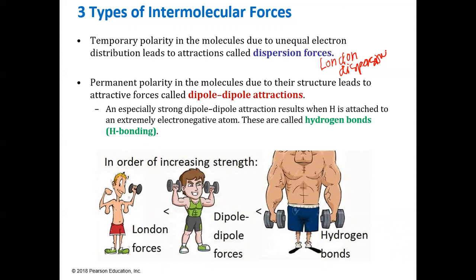Water has dispersion forces, dipole-dipole forces, and hydrogen bonding. Hydrogen bonding is the strongest, though, okay? So that's what makes water have such a high boiling point. We're going to look at each of these individually, though.